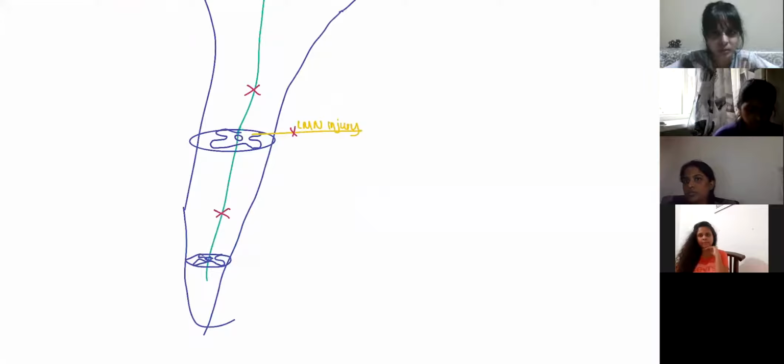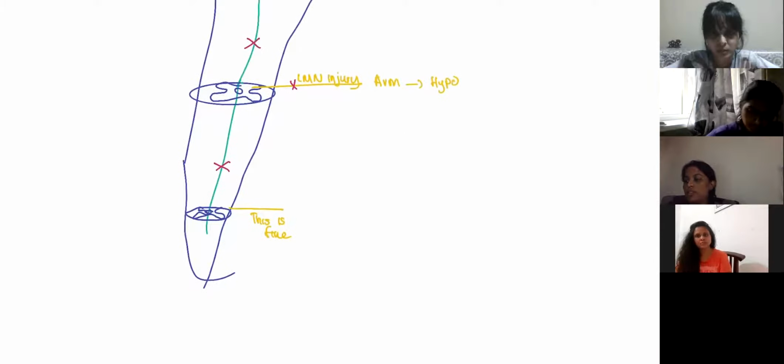So will the arm show hyperreflexia or hyporeflexia? Hypo. Yes, it shows hypo everything, hypo movement, hypo flaccid paralysis, everything that relates to the word hypo.